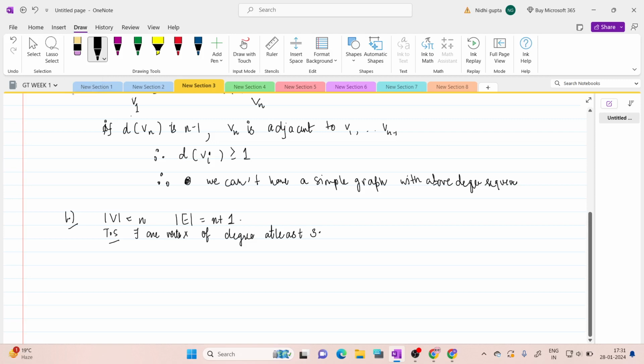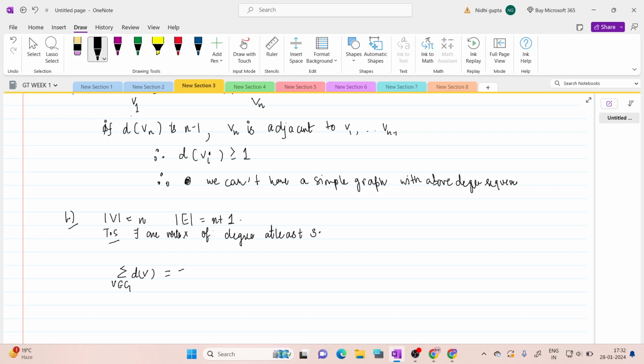Okay. So first of all, we are given that the number of edges is n plus 1. So what can we say about the sum of all degrees? If the number of edges is n plus 1, what can we say about the sum of the degrees of the vertices? So 2n plus 2.